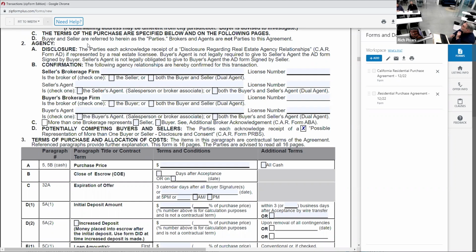So that's the first part of the law, is you have to explain to the buyer or the seller what agency is. The second part of the law is agency confirmation, and that's who is representing who. So the contracts are, and when we're talking agency, we're not talking individual agents, we are talking about the brokerage. So even though you might be representing the buyer and you might be representing the seller, you're both part of this brokerage, so it still would be dual agency.